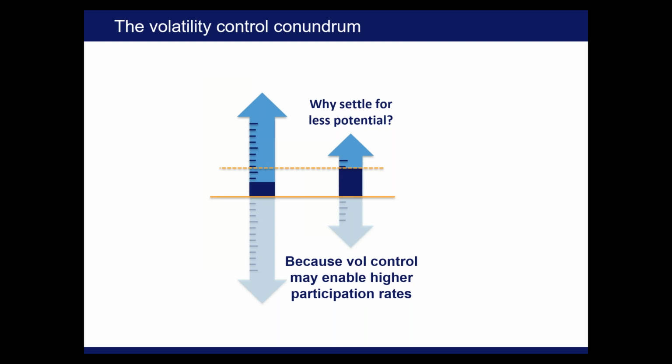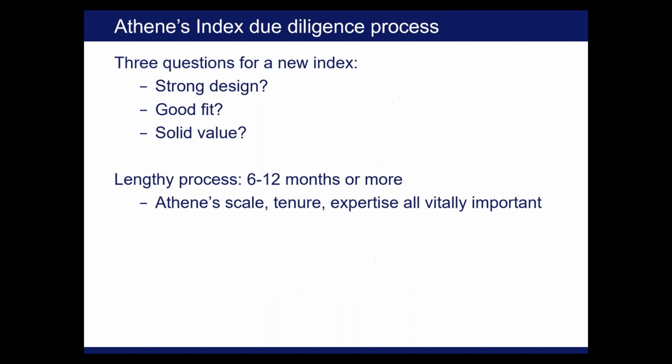The following slide gives an overview of the alternative indices offered with Athene. And with that in mind, let's pause for a moment to examine some of the considerations that we employ when considering adding a new index to our product mix. Here are 3 key factors that Athene is going to look at.